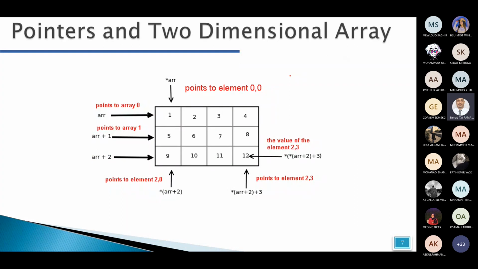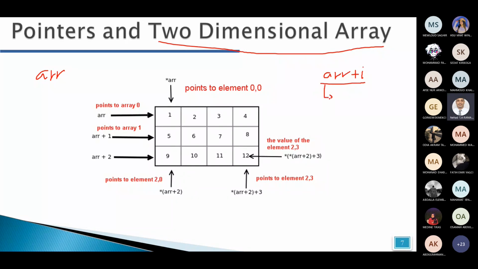So let's speak about the general way to reach any element of a two-dimensional array. Any two-dimensional array, if we speak about pointers, has this general rule. If we have an array ARR, we have the pointer ARR pointing to the first element. If we say ARR plus I, I means the index of the row, we reach a specific row.